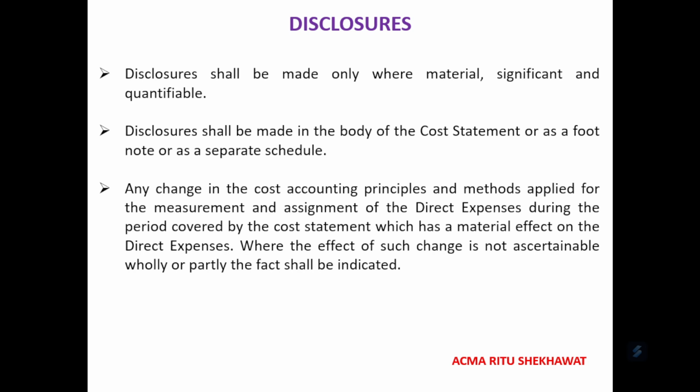Any change in cost accounting principles or accounting standards, due to rules and regulations issued by the government or for the benefit of the company internally, must be disclosed in our cost statement in a footnote or as a separate schedule.